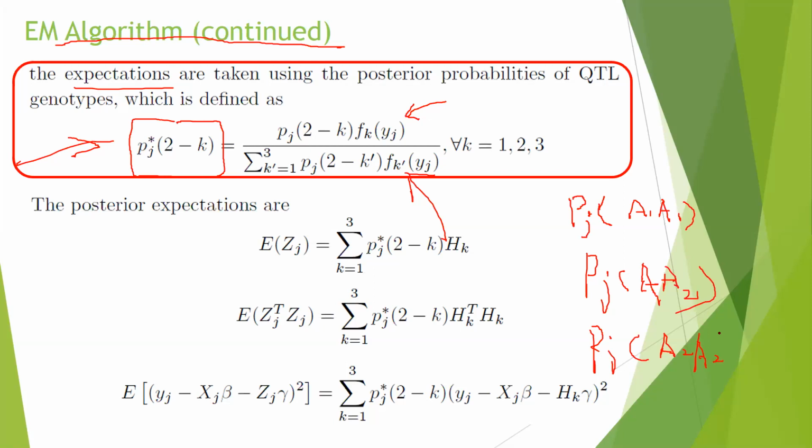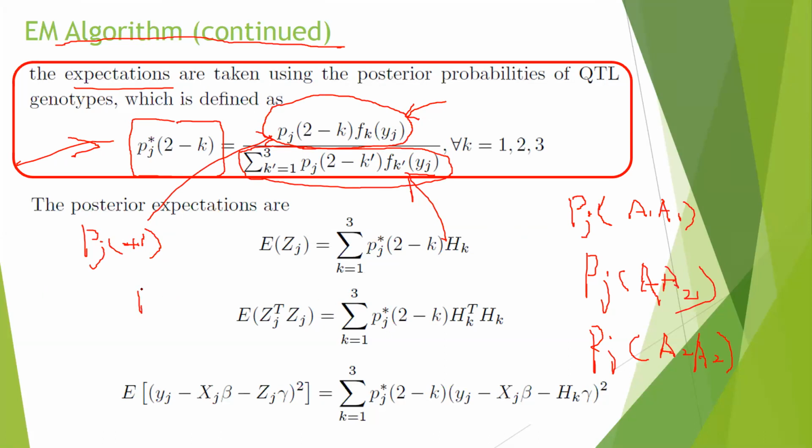So we have three things to calculate. Suppose we want to calculate Pj plus 1. This represents the first genotype, right? So we want to calculate something like the weighted probability for the first genotype. This is the numerator, and in the denominator, we just add up the three weighted probabilities for the three categories.